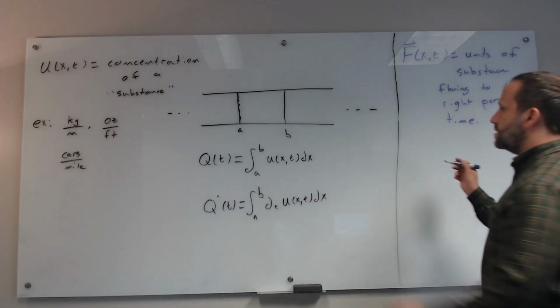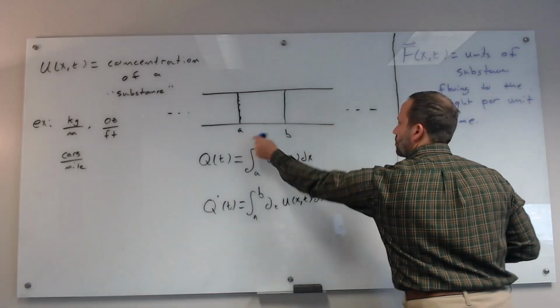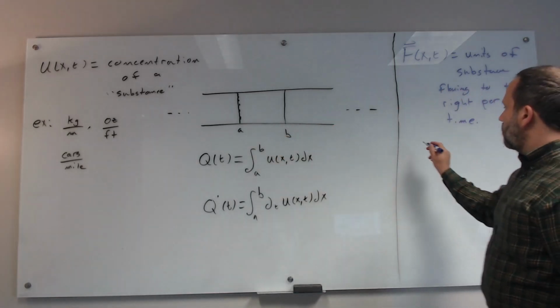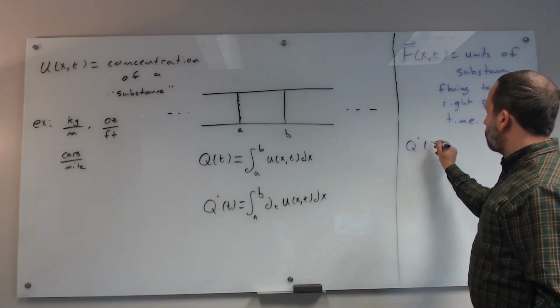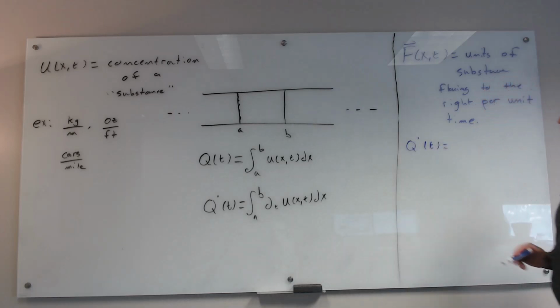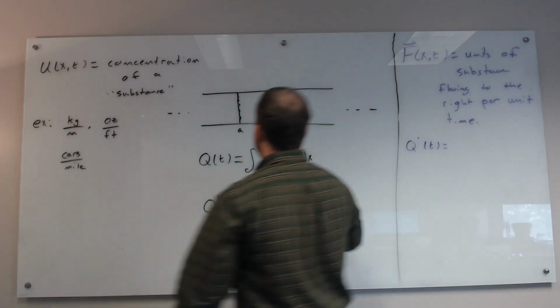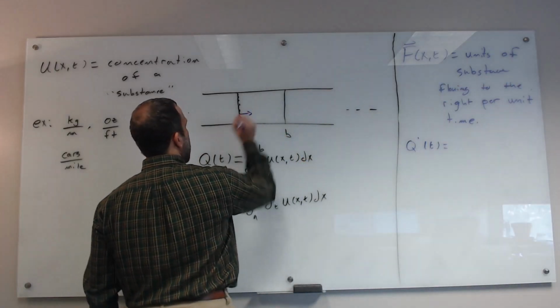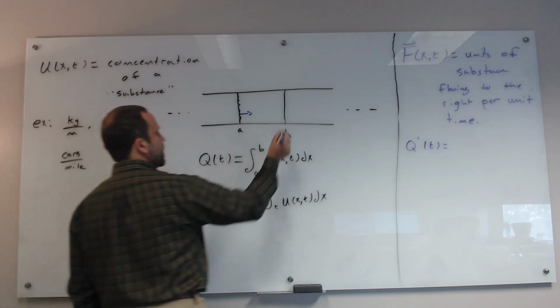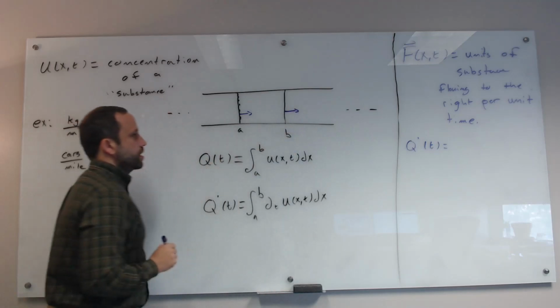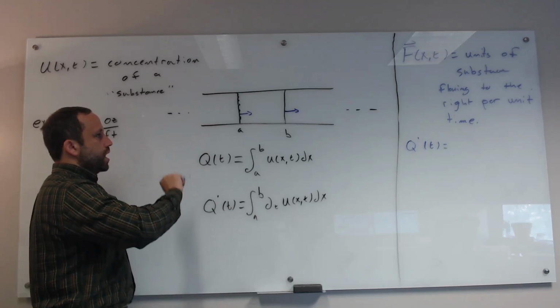So what this means is that in this little interval here, another way to compute Q'(t) for this interval is rate in minus rate out. Well, if we have rightward flow, the rate in is going to be at A, and the rate out is going to be at B. So it's rate in minus rate out.